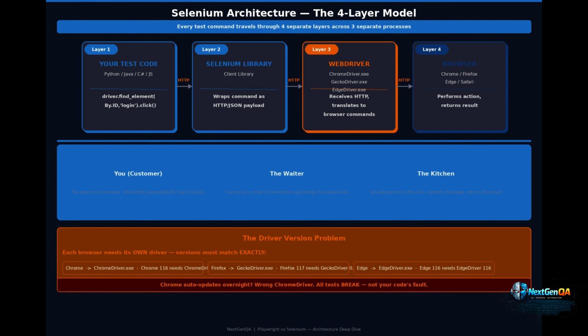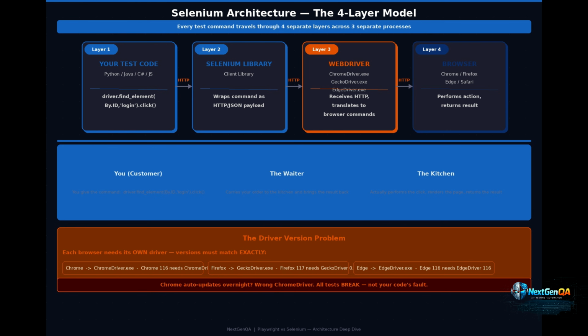Step 2, the Selenium client library. Your code calls the Selenium library. The library does not talk to the browser directly. Instead, it packages your command into an HTTP request, a JSON message, and sends it over the network to a separate process.